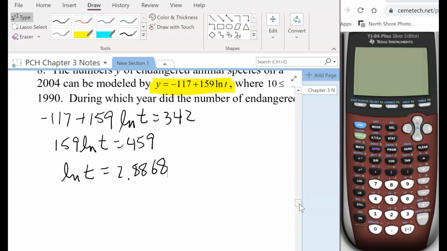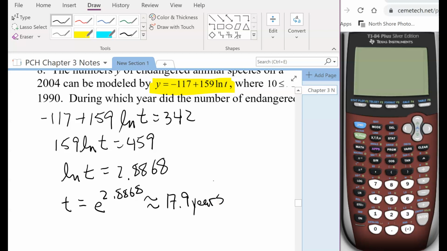And we'll rewrite this in exponential form. So I have T is equal to E raised to the 2.8868, which is about 17.9 years.